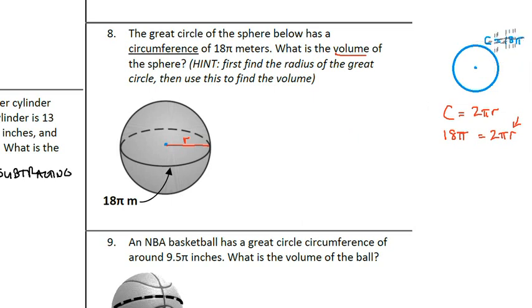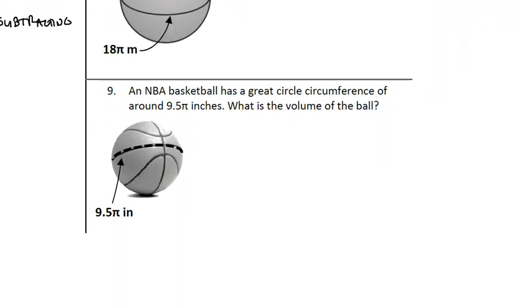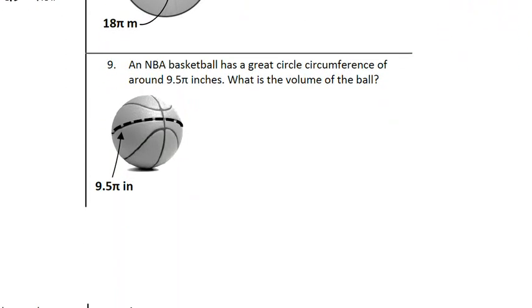That'll give you the circumference, and then you can use the circumference formula to find the radius of that particular ball. All right. An NBA basketball has a great circle circumference of 9.5 pi.